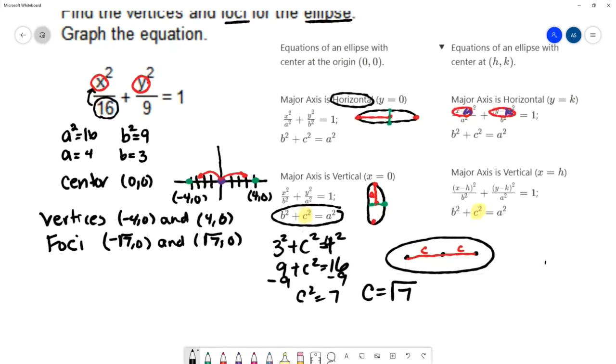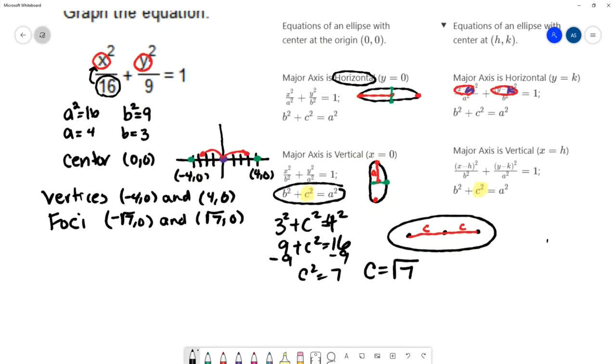The final bit in the directions is that we want to graph. So I'm going to count up by 3 because the value of b is 3. I'm going to count to the right and left 4 because the value of a is 4, and I'm going to connect those points to graph the ellipse.